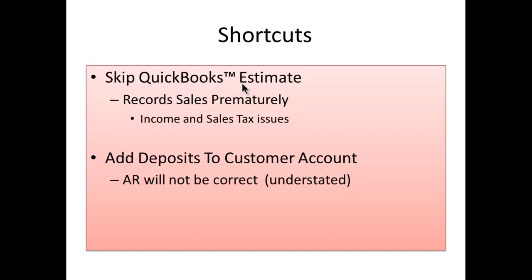Well, what does that do? That records your sales prematurely on your books, and that means that your sales tax, your income tax, all of that is being recorded at the wrong dates, at the wrong times, and can affect when you're paying things. You're mispaying things and misrepresenting what's going on in your business.